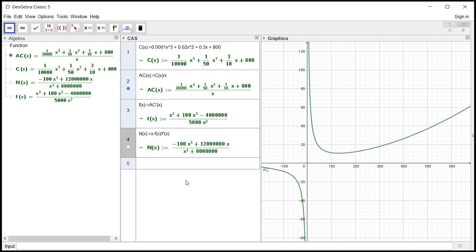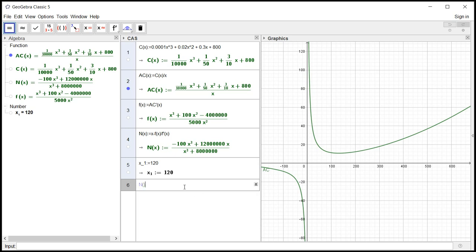Then x1: since the minimum is somewhere around here, I would say it's 120-ish, so I'm going to put 120. It doesn't have to be 120; you can do 110 if you want.